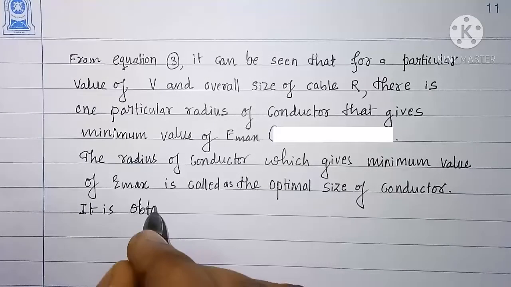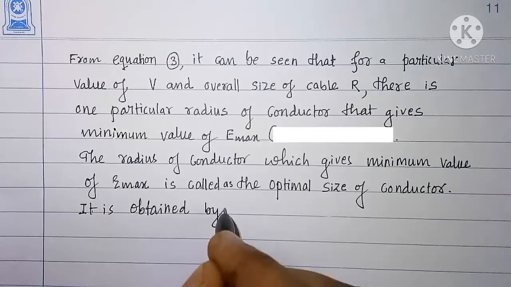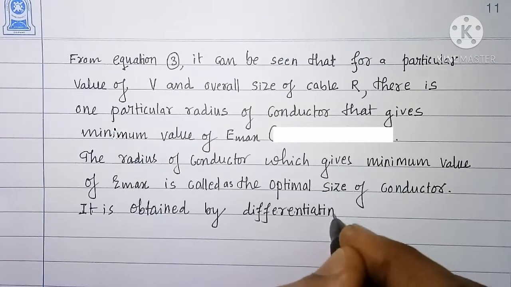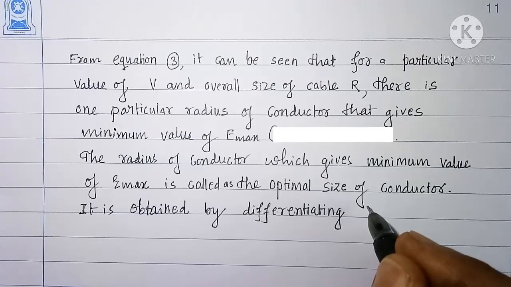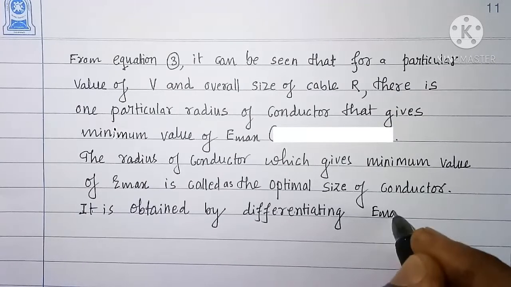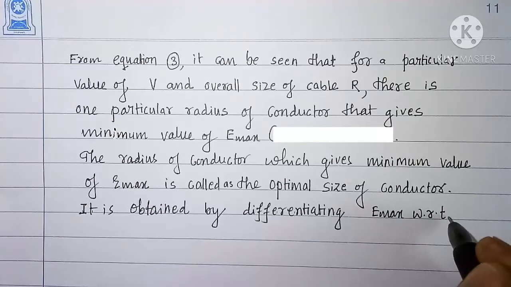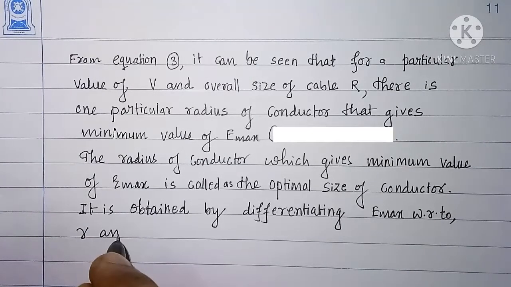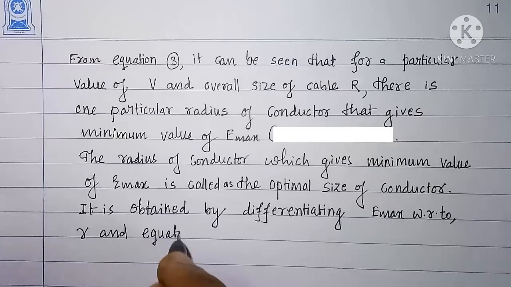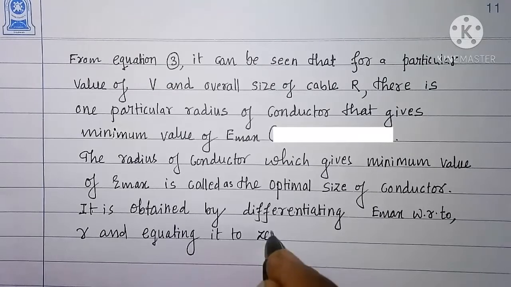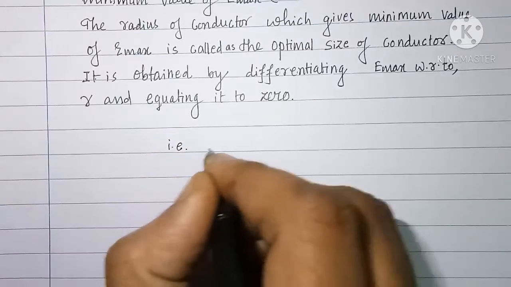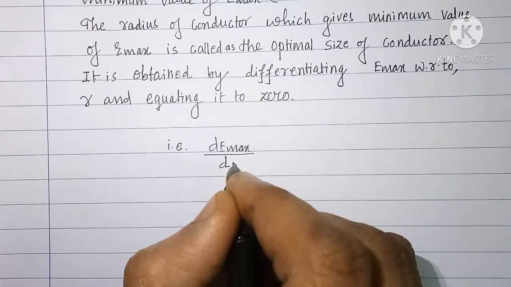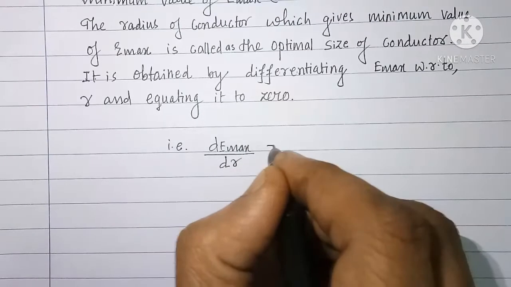It is obtained by differentiating Emax with respect to small r and equating it to 0.